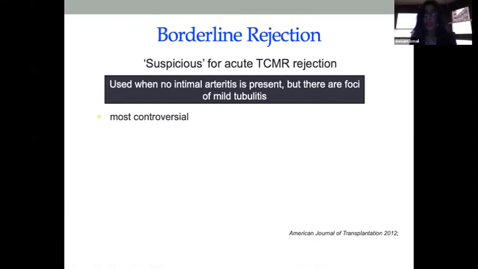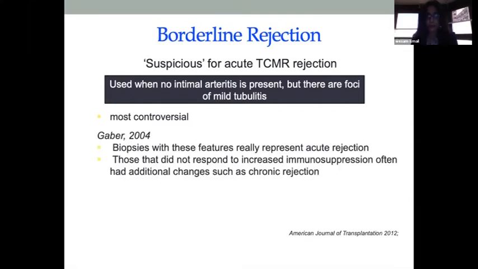So all of these are options where you're going to get a category of borderline rejection. Bottom line is that you do have a suspicious form of rejection. How to manage these types of patients?